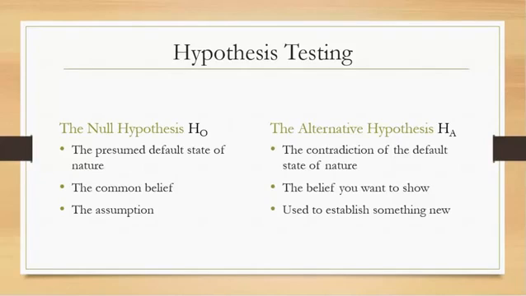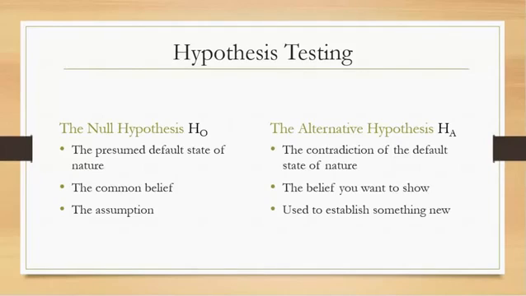The second thing to keep in mind is there are two possibilities with hypothesis testing, and that is to have the null hypothesis or the alternative hypothesis. The alternative hypothesis is usually the contradiction of the default state of nature.